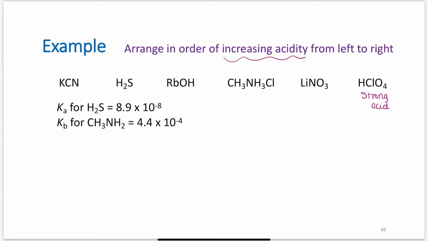Increasing acidity from left to right, which means most basic to most acidic. I don't have any other strong acids. I know HClO4 is the most acidic.